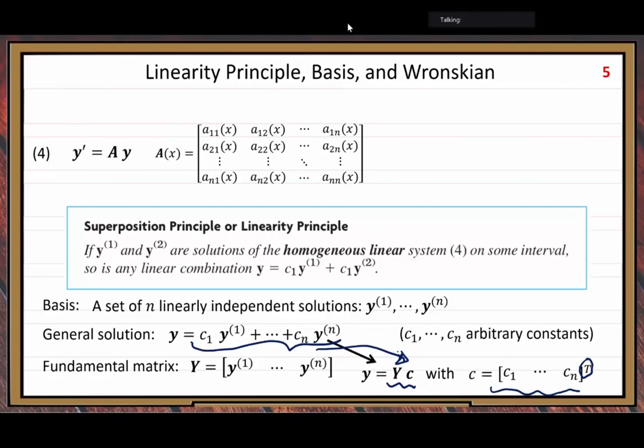Because what you see here, the product here, we know in the Y matrix, each Y vector is a column vector. So let me write it in this way. Some of the students have no problem on this step, but I'm afraid some of you may still have problem to see it.